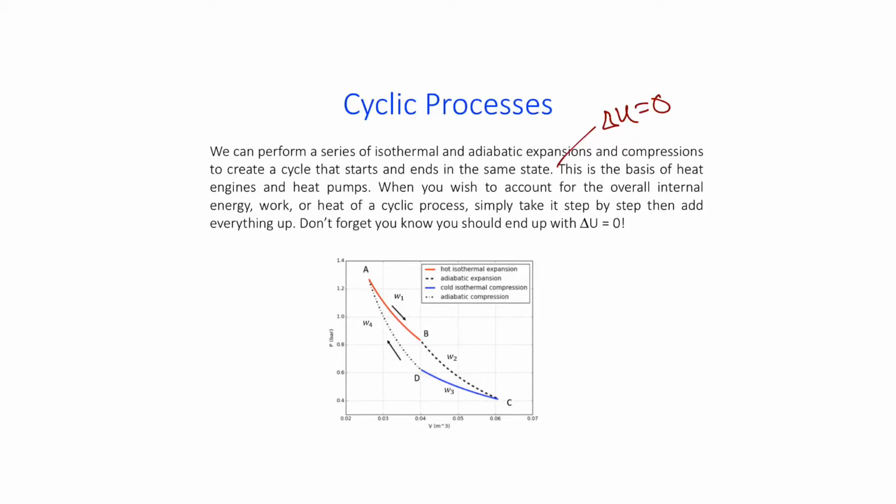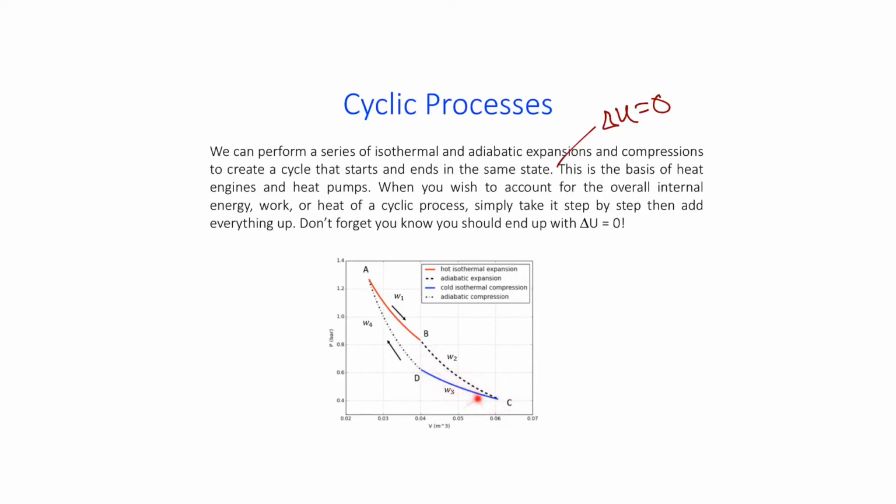So, when you want to account for the overall internal energy, work, or heat of a cyclic process, all you have to do is take them step by step, like we just did. So, for this example process here, this is actually a Carnot cycle that you're going to play around with in your CGI. We have a hot isothermal expansion for leg 1 of our cycle, this red line. Next, we have an adiabatic expansion as our second leg.